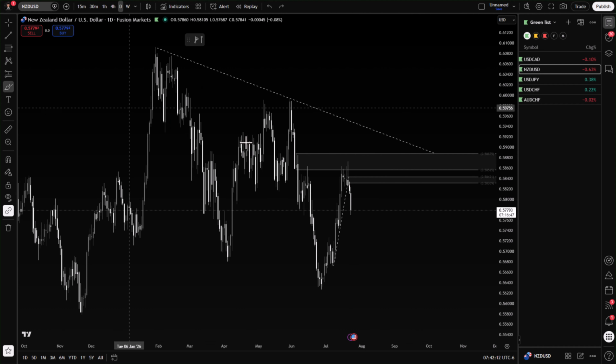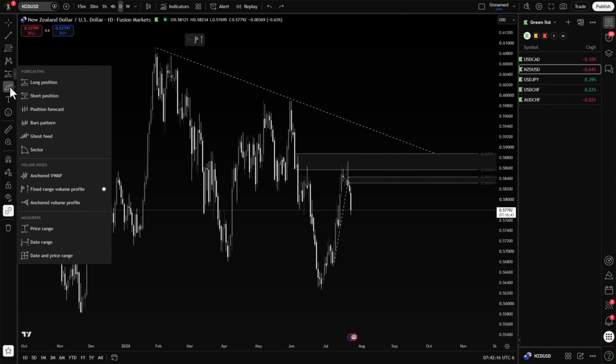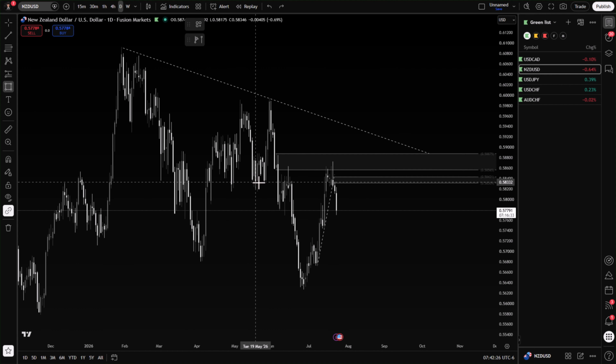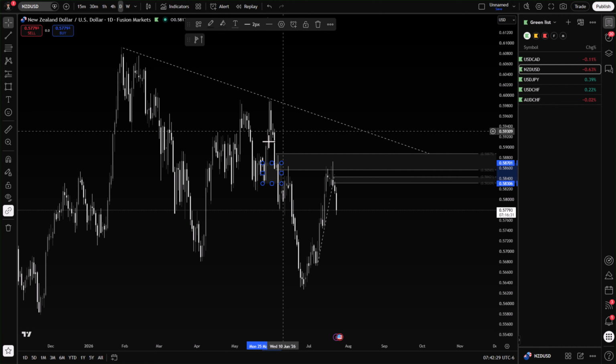Also in the daily time frame, we can read using supply and demand levels. We can see that bears are in control. Let me look for the rectangle. Okay, look at this area of demand that was taken out.